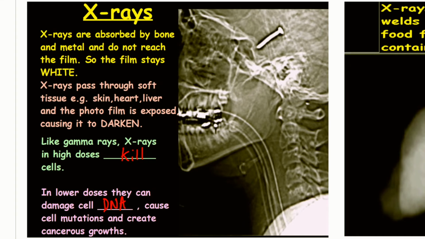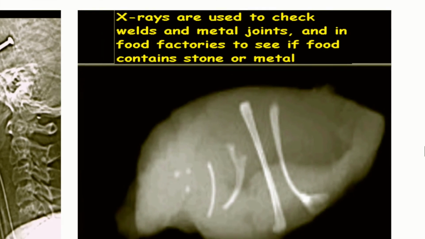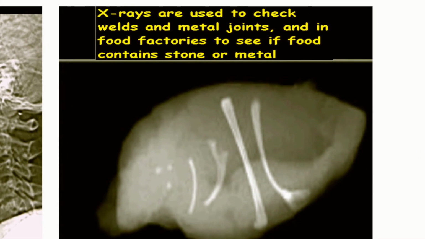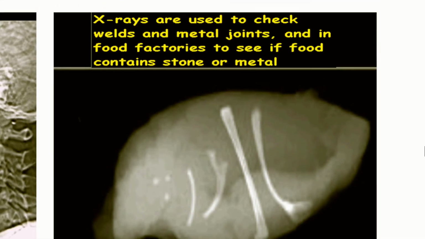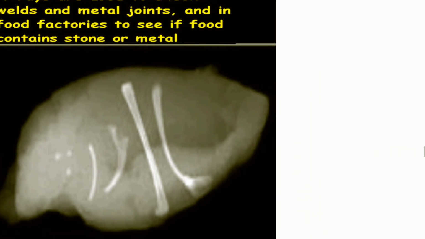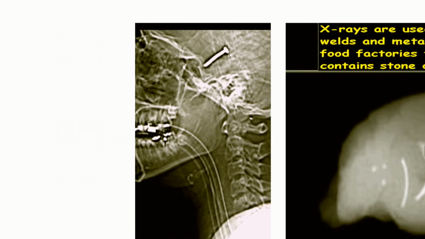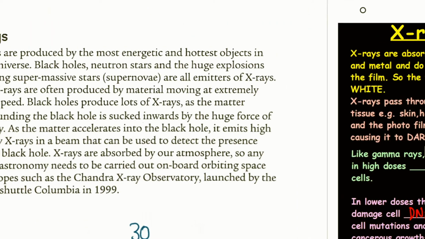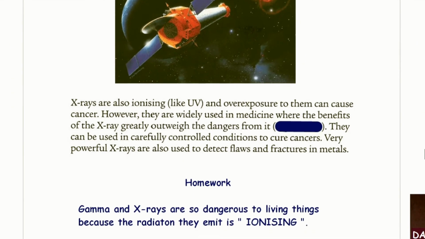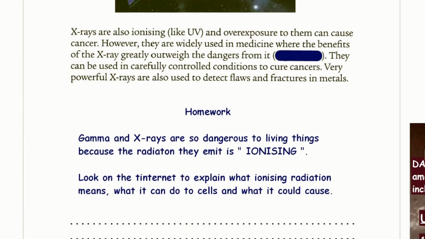So that's why people who work as a radiotherapist need to minimize the amount of exposure to X-rays to avoid damage to their bodies. And as I showed in that video, it can be used to check welds in pipes and general metalwork and look for faults. Again, more information there on X-rays.